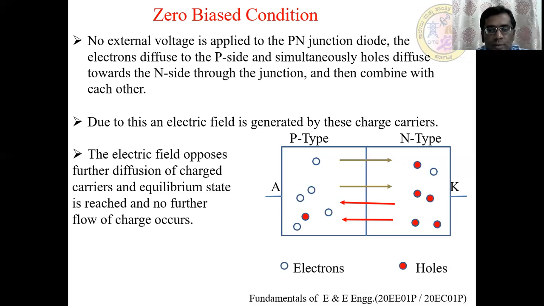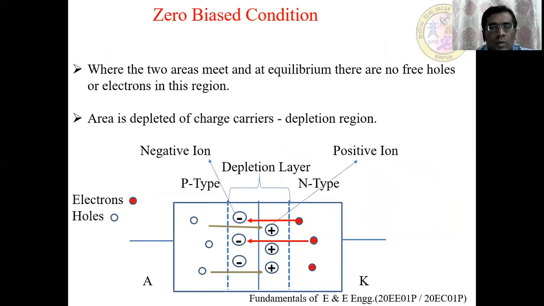Just observe in the diagram, I have shown how the electrons diffuse towards the p side and holes diffuse to the n type. Where the two areas meet, at equilibrium, there are no free holes or electrons in this region.